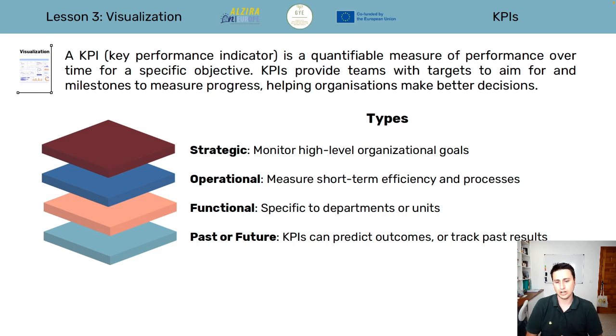Then we have functional, which could be targeted for specific departments like the finance department or the maintenance department, or some business units inside that department, for example, the night shift of logistics. They could have some functional or business unit KPIs.